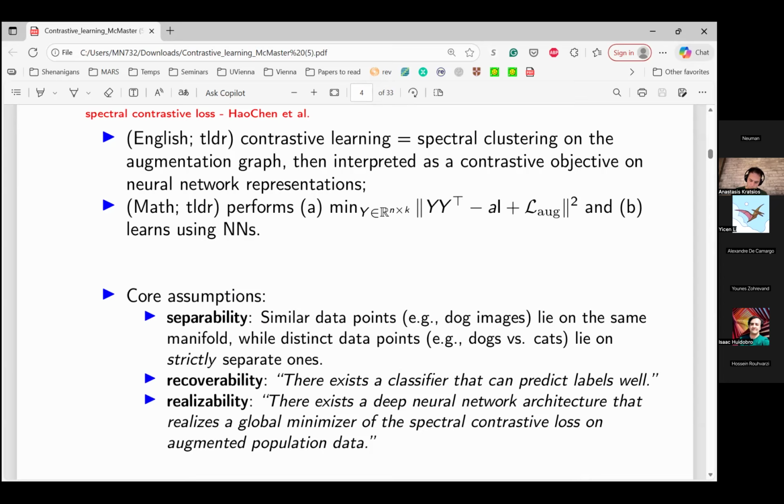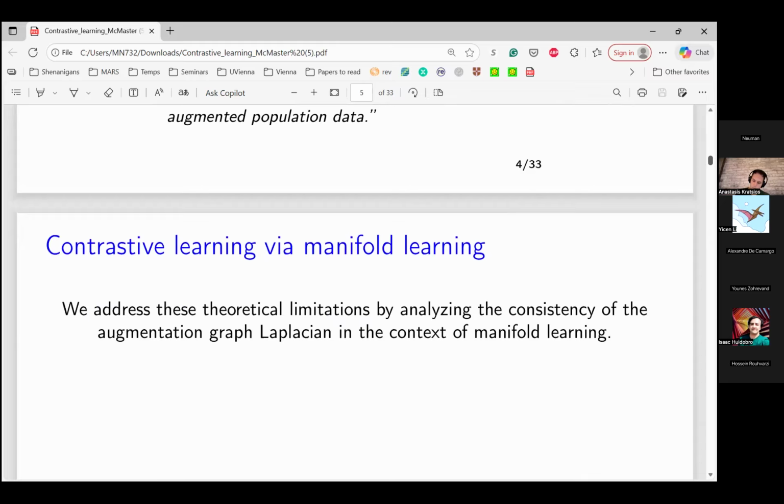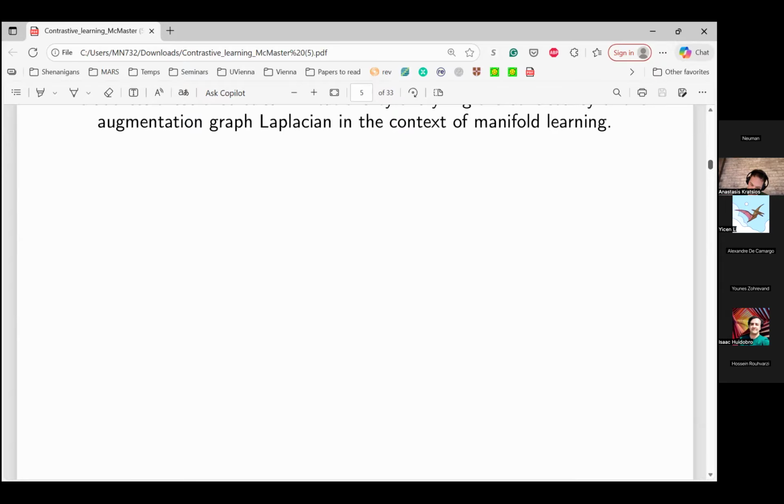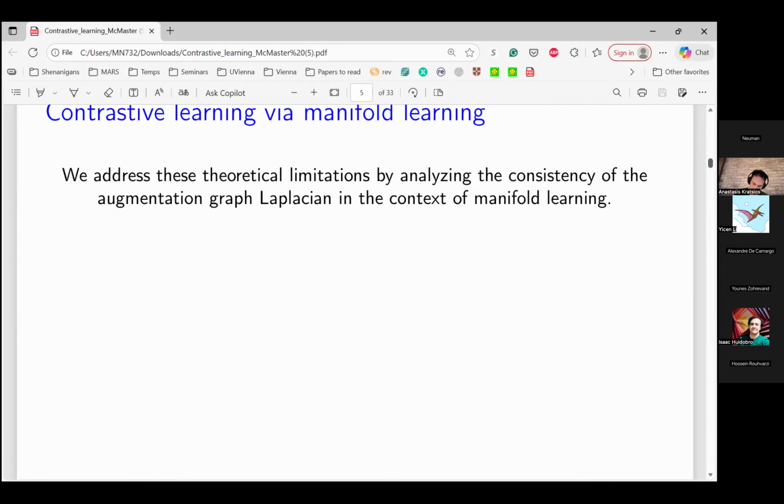But the angle that we're coming in with is that all of these assumptions are not necessary. This is more for us to say that, hey, we can complete this theory a little bit more. And the way that we do that is that we interpret contrastive learning via the lens of manifold learning.